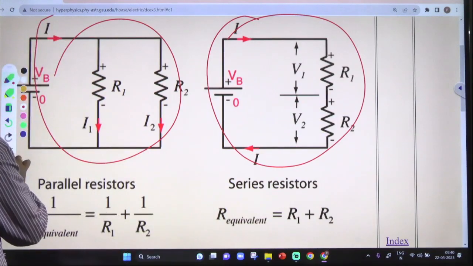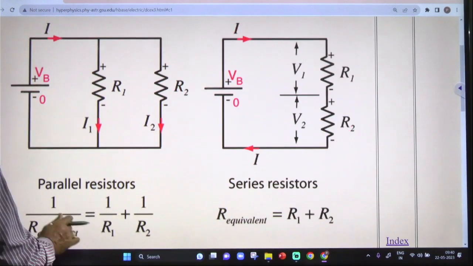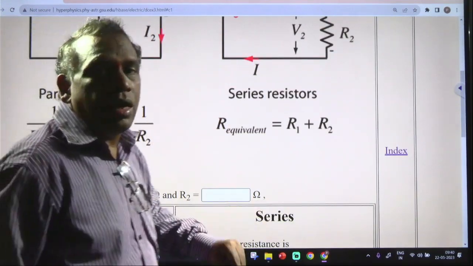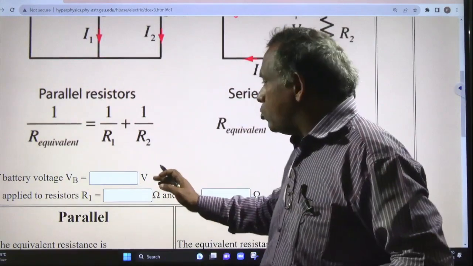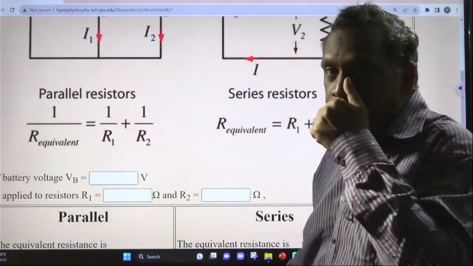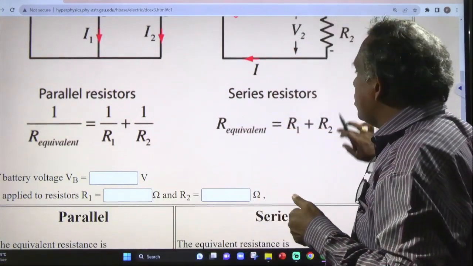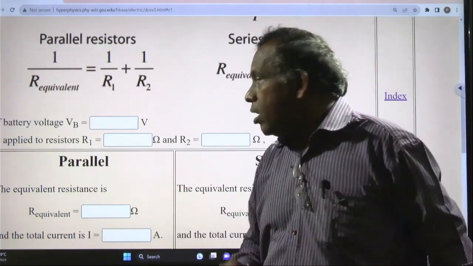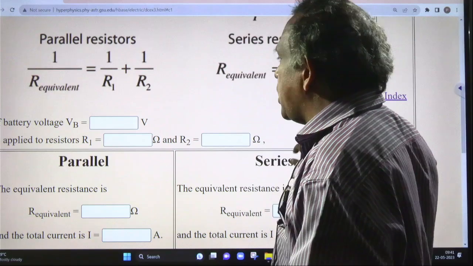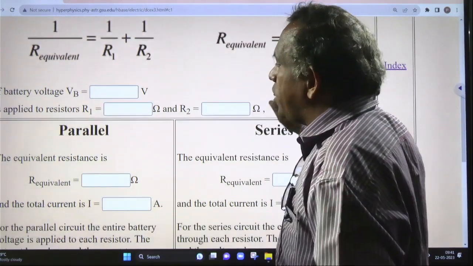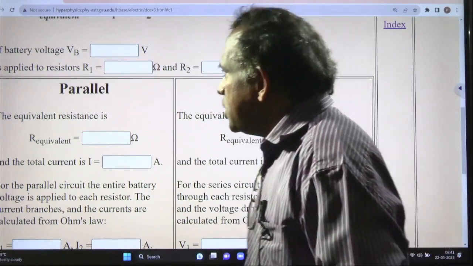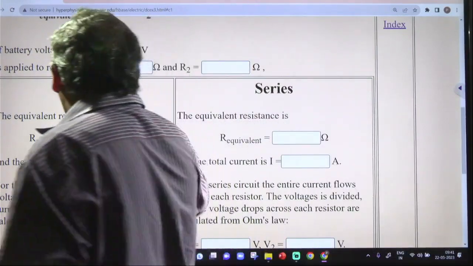So the formulas: in the parallel connection, 1 by R equivalent equals 1 by R1 plus 1 by R2. In the series connection, R equivalent equals R1 plus R2. Let us take some values and compare the series and parallel connections.